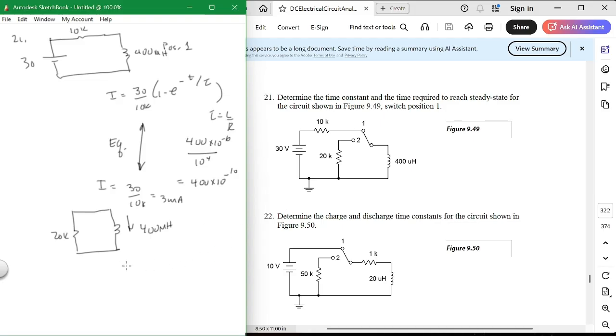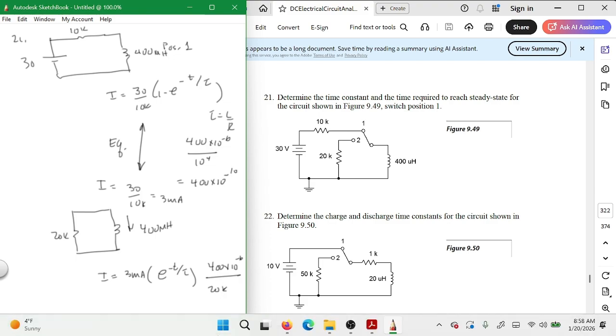And how do you write that? I here is equal to V over R, or 3 milliamps, e to the minus t over tau, where tau now is equal to what? L, 400 times 10 to the minus 6 over what? 20K, which is what?